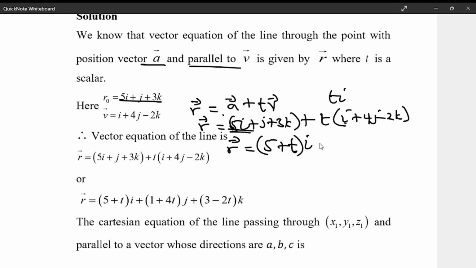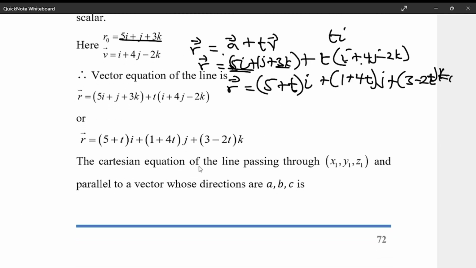The next one is j: we have 1 + 4t. And the last one is 3 + (-2t), so 3 - 2t in terms of k.